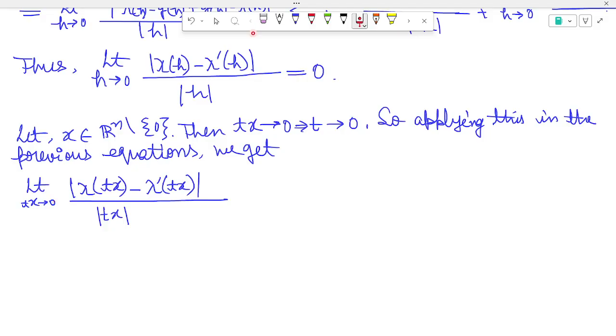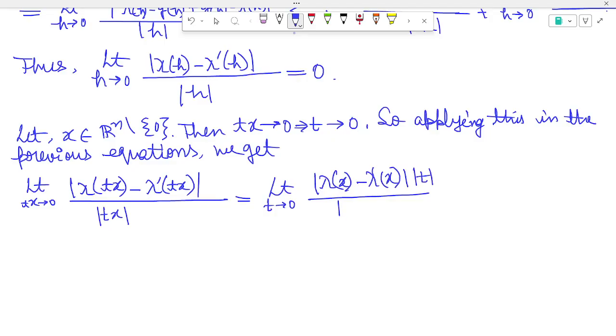T will come outside. That means the limit as t tends to 0. And t will come outside, meaning mod t and mod t will cancel out. That means lambda x minus lambda dash x, into modulus of t. Here modulus of t, modulus of x, so it will cancel out.